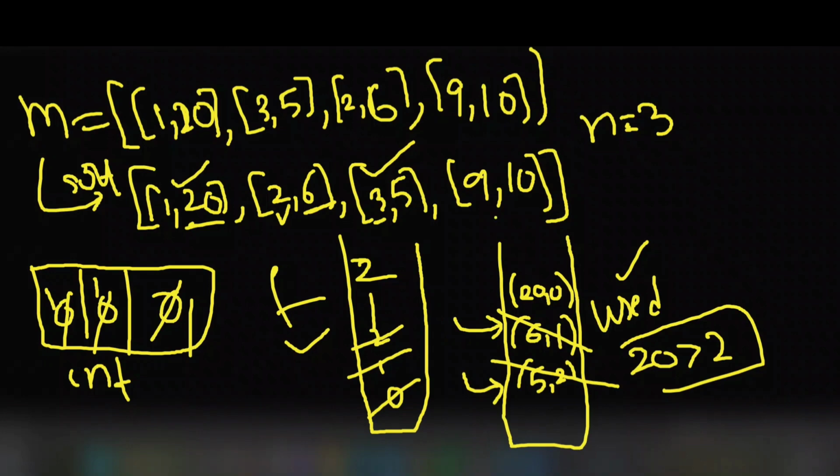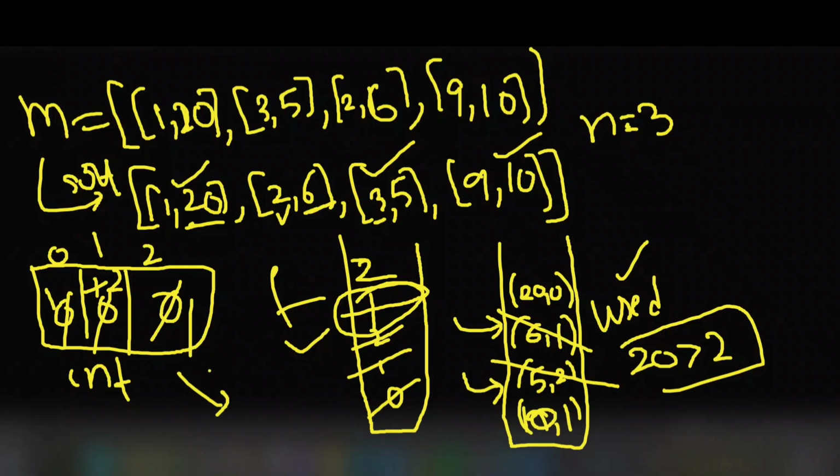So for this meeting the lowest will be room 1 and we allocate it as 10 comma 1 and increment the count by 1, so it will be 2. We see that we have scheduled every meeting in the meetings array, so just return the index of the room with the most scheduled meetings. We have scheduled 2 meetings in the first room, so just return 1 as the answer. So let's move to the code part now.